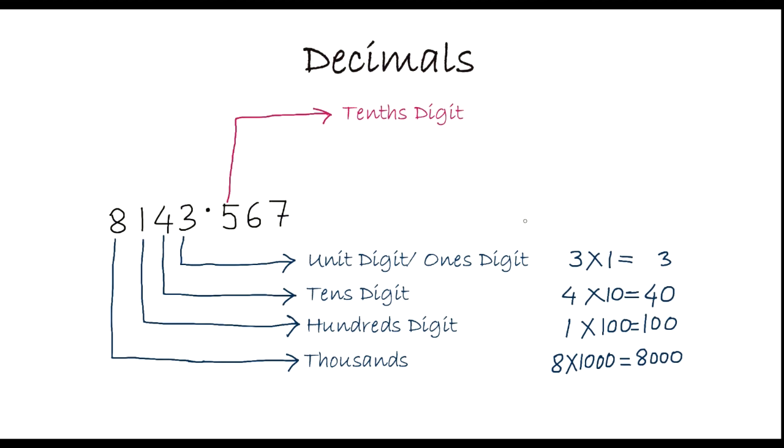And here, after the decimal point, the values will decrease by 10 times. That means you have to divide by 10, the opposite operation. So the first one is the tenths digit and it will be divided by 10. So our value will become 5 divided by 10. We can also write this as 5 on 10, and the value will become 0.5.